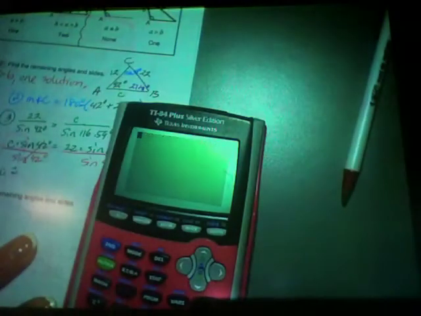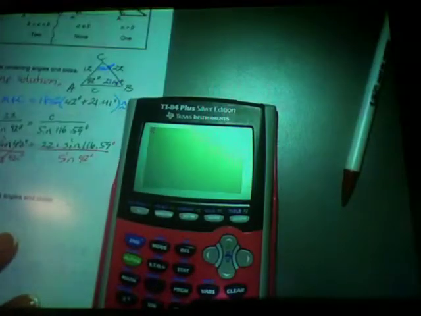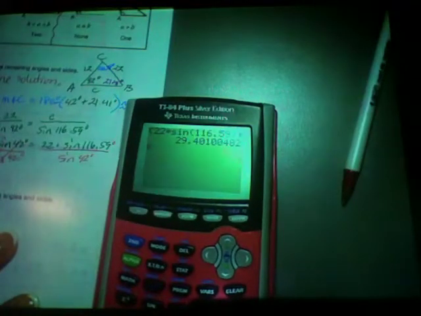So C is approximately equal to 29.40. Does that make sense?